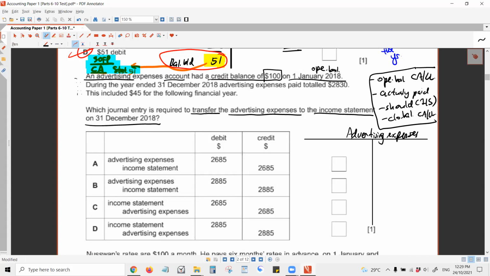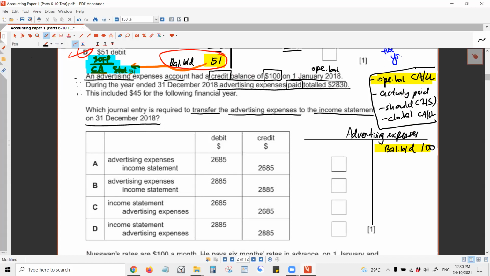Okay, so it says on the credit side, good. We don't have to determine if it is CA or CL here, because they say it's on the credit side. Sometimes they will tell you. So write 100 here, balance BD. That's the opening balance. Okay, highlight for you, so you can see easily. During the year, advertising expenses paid total 2830.